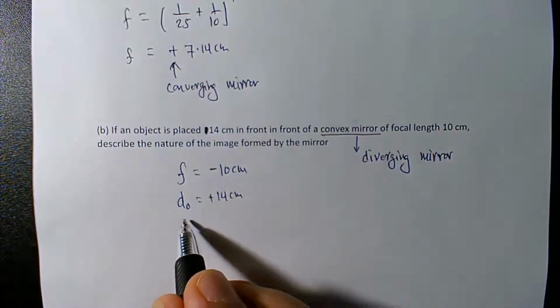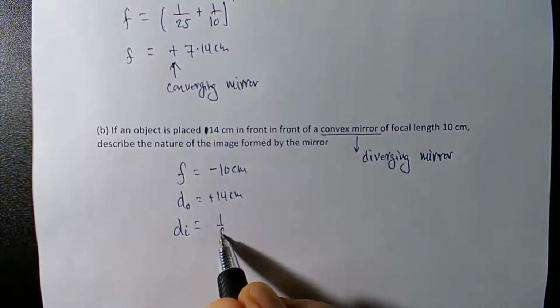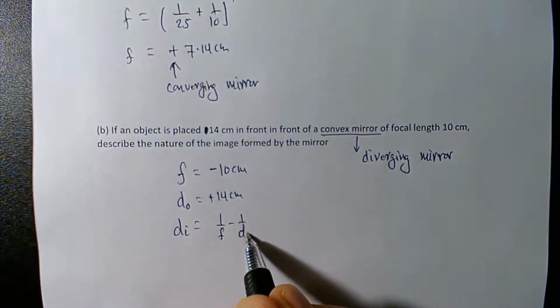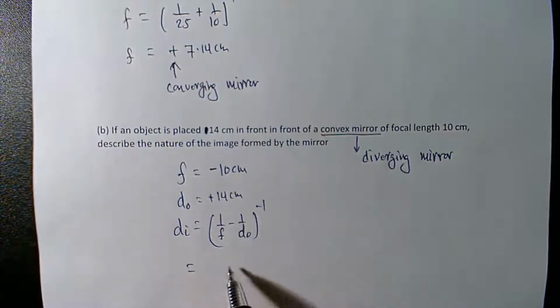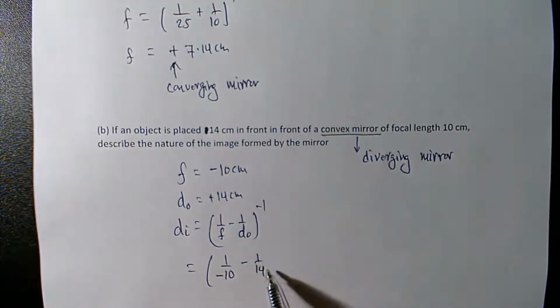Then we're going to find the image distance using the mirror formula, which is 1 over f minus 1 over do, inverse. So 1 over f means negative 1 over 10, minus 1 over 14, right? And you can do that.